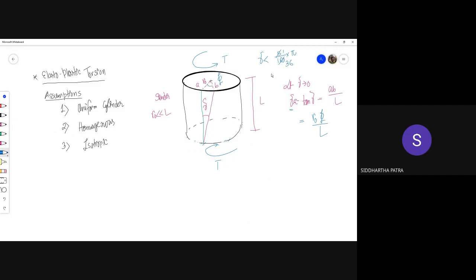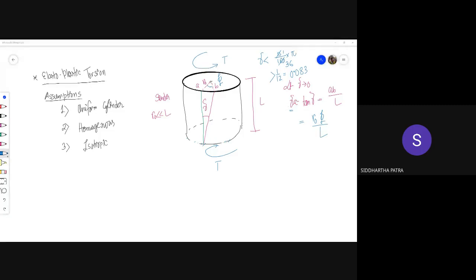Pi by 36 is actually greater than 1 by 12, which is around this much. So as long as such relation is true, we can treat gamma as a small angle. How small is that? Gamma equals tan gamma and sine gamma.